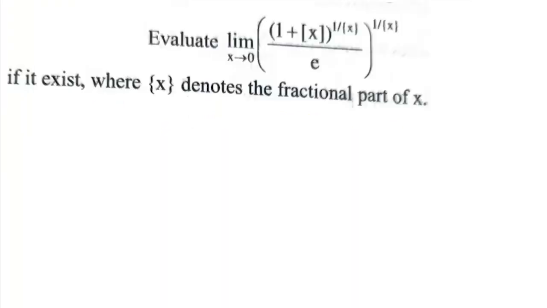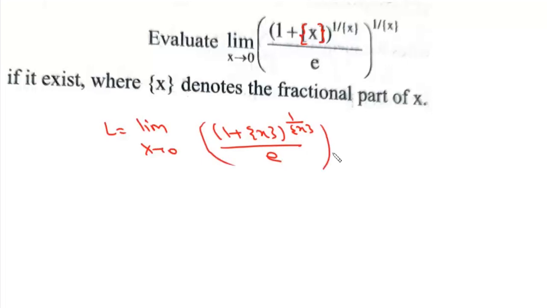Now here the question is, we need to find this limit x tends to 0, (1 plus fractional part of x) to the power 1 upon fractional part of x, upon e to the power 1 upon fractional part of x.